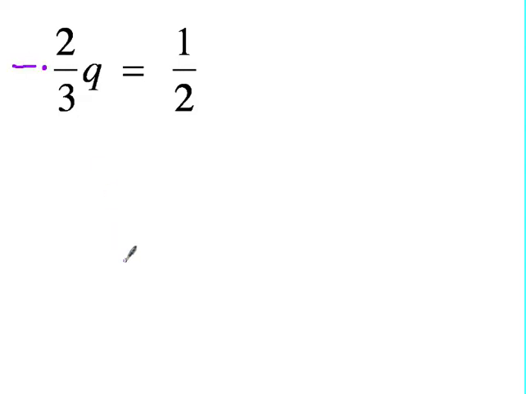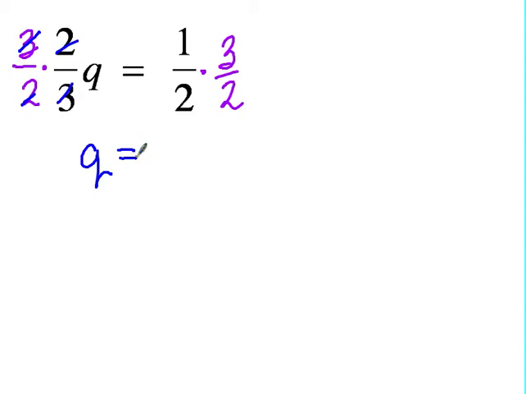So what's the reciprocal of 2/3? 3/2. Yep, so I'm going to multiply by that. I'm just going to take the reciprocal of whatever the number in front of the variable is. Notice how everything cancels and that leaves you with q.